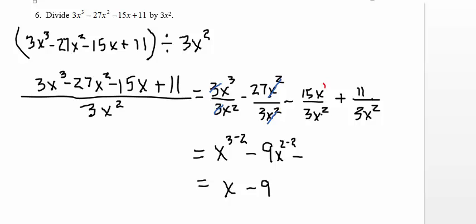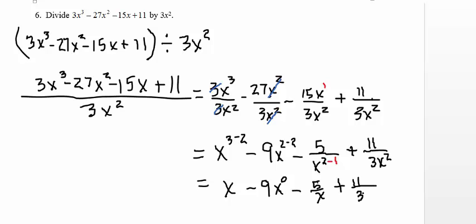When I do this third division, I can think of this as negative 15 over 3, which is negative 5. x to the first is in the numerator, x squared is in the denominator. So I'm going to bring the smaller exponent to the larger one, and that turns into a negative 1 in the denominator.